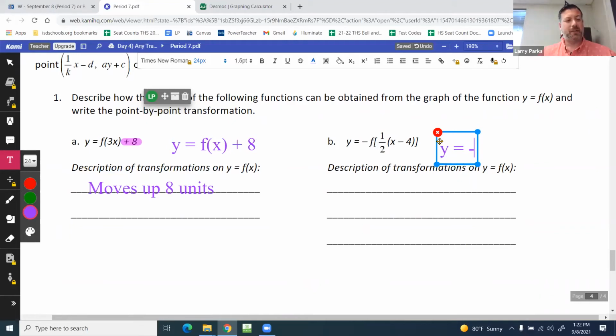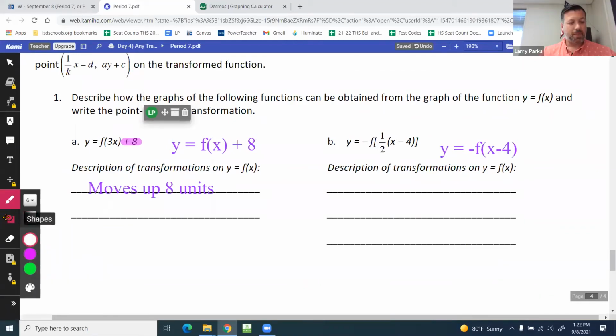So what I'm saying is, let's get rid of this and change it to this problem. And let's get rid of this and change it to this problem.